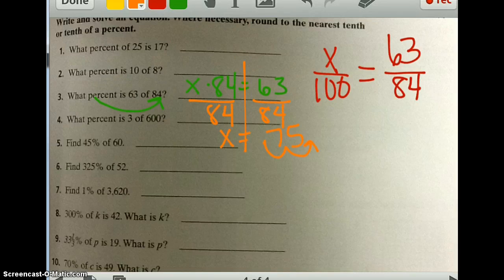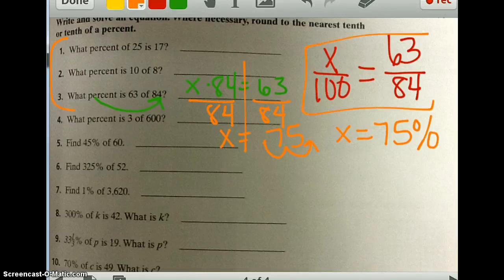So x equals 75%. Right? So again, these percent ones, just to be careful, you might want to stick with the proportion. But again, you get to make your own decision if you can see through the trickiness of the writing. It's okay.